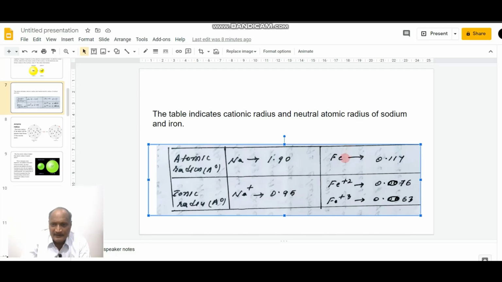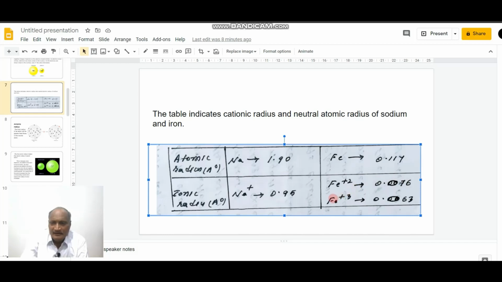Another example, coming to iron: the atomic radius of the neutral iron atom is 0.117 Angstrom units, whereas the ferrous ion, which is formed by the removal of two electrons, has a cationic radius of 0.076 Angstrom units.